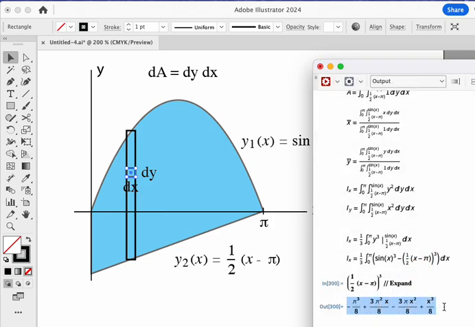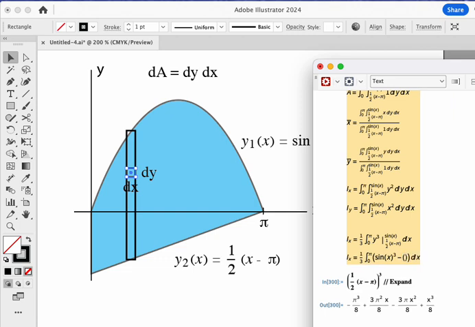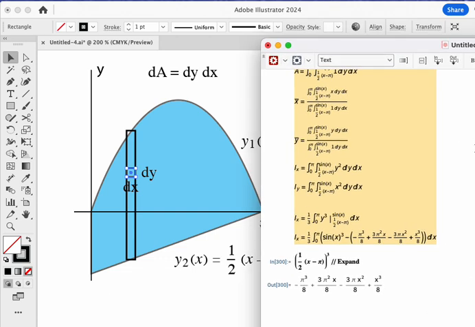So there you go. I'm going to copy this and put it up here, and I should put it in parentheses there, like that.